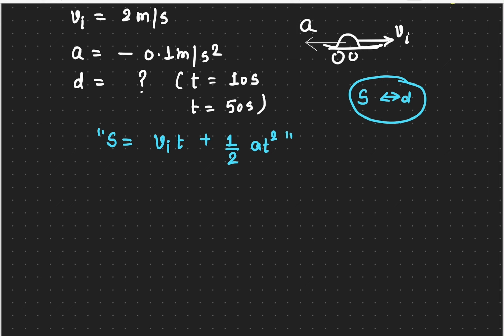Sometimes we use s, sometimes we use d. So we're going to find the distance. Initial speed is given as 2. The time is, let's say, 10 seconds. Half, a value is negative 0.1. Time is 10 squared, and you can solve it to find it.